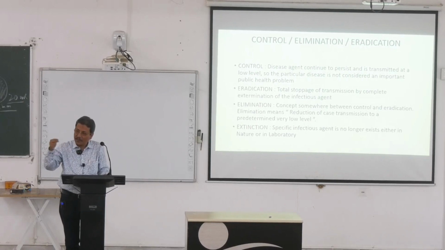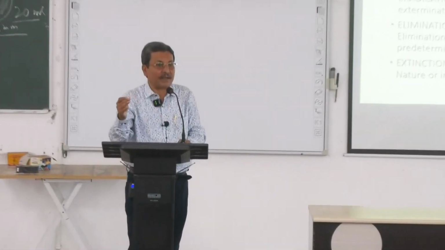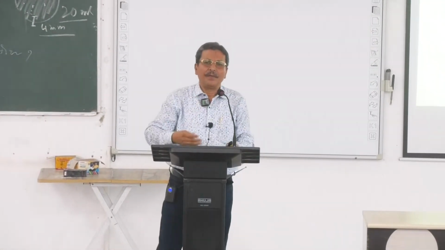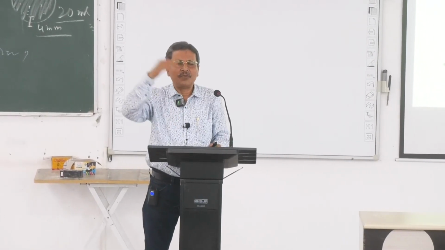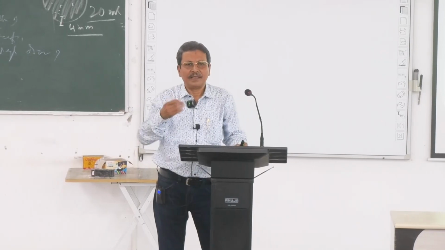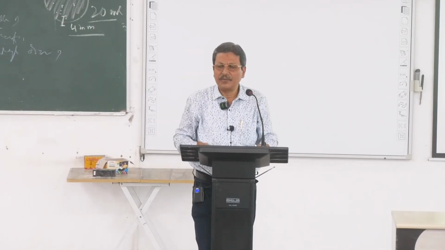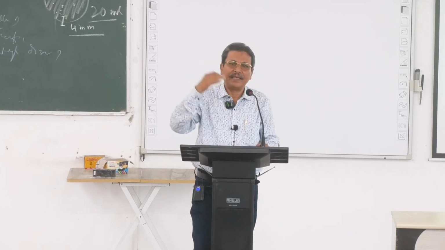Pulse polio vaccination is given in case it is transmitted. After a few months or years, WHO and others may indicate that you need not give pulse polio immunization anymore, and then the program can end.